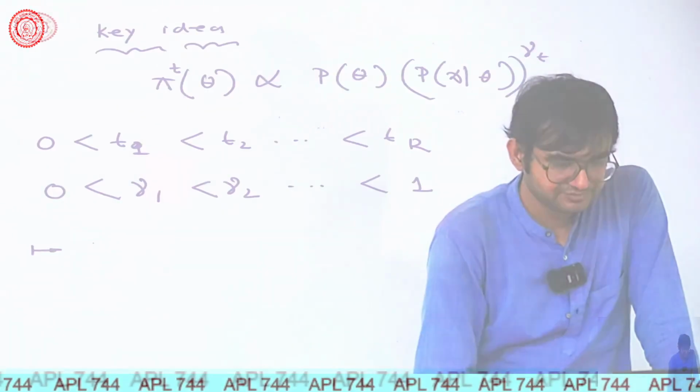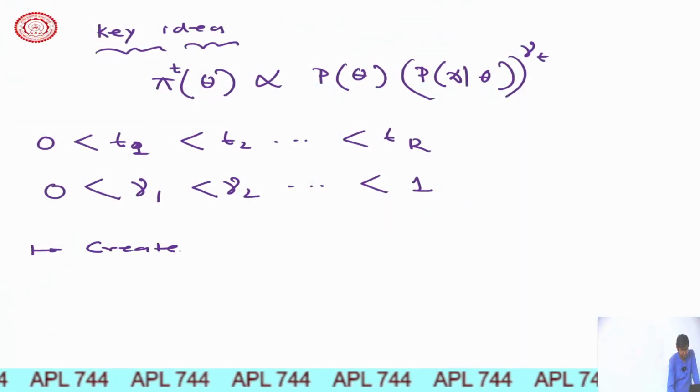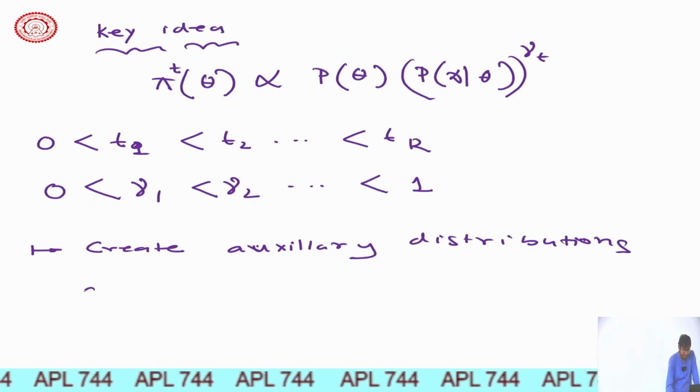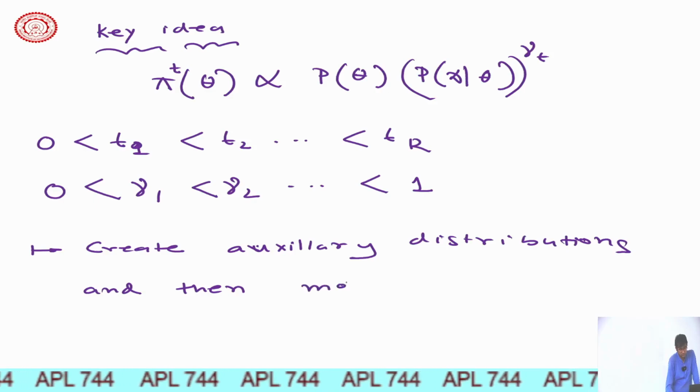Okay, so the key idea is: create auxiliary distributions and then move sequentially.